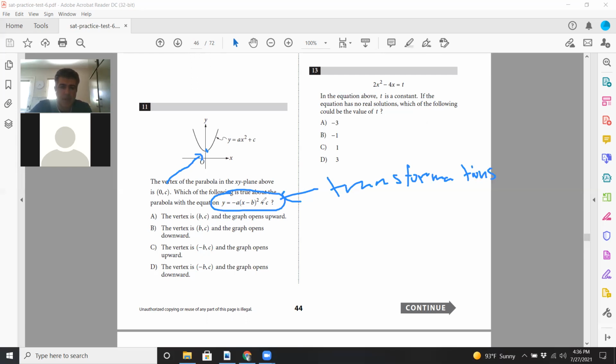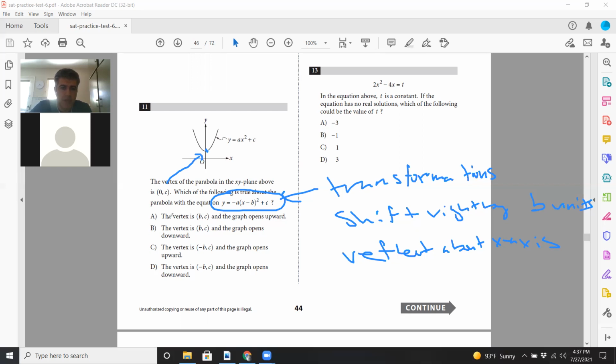So it seems as though we're shifting right by b units. And then we reflect about the x-axis. So shift b right, reflect about the x-axis.